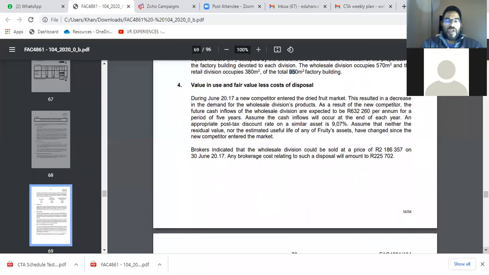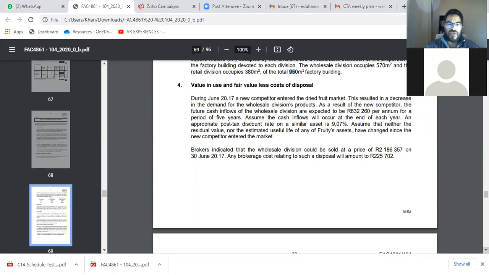So now we come to note number 4, value in use and fair value less cost of disposal. When you see value in use and fair value less cost of disposal, they're telling you this is your recoverable amount. Remember, an asset's recoverable amount or a CGU's recoverable amount is the higher of value in use and fair value less cost of disposal.